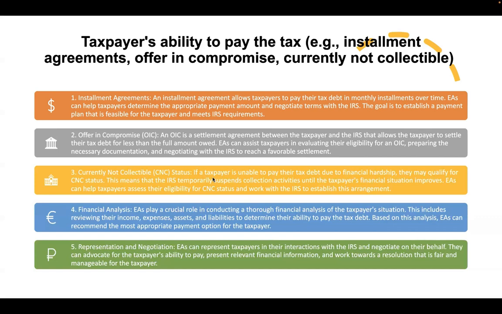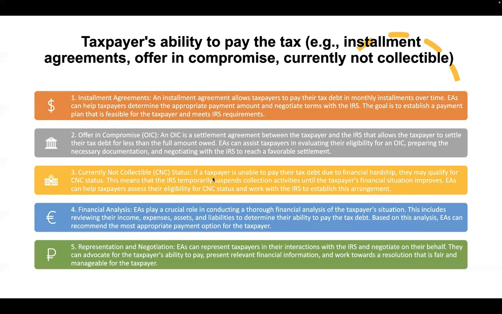The little unemployment check that they're getting in is just not cutting it. So they can't afford to pay an installment agreement. But they don't want their unemployment checks to be garnished, or any bank accounts, any $5 in their account to be garnished, right? So we say, okay, let's put you on a CNC status, which is going to suspend the collection activities by the Internal Revenue Service.